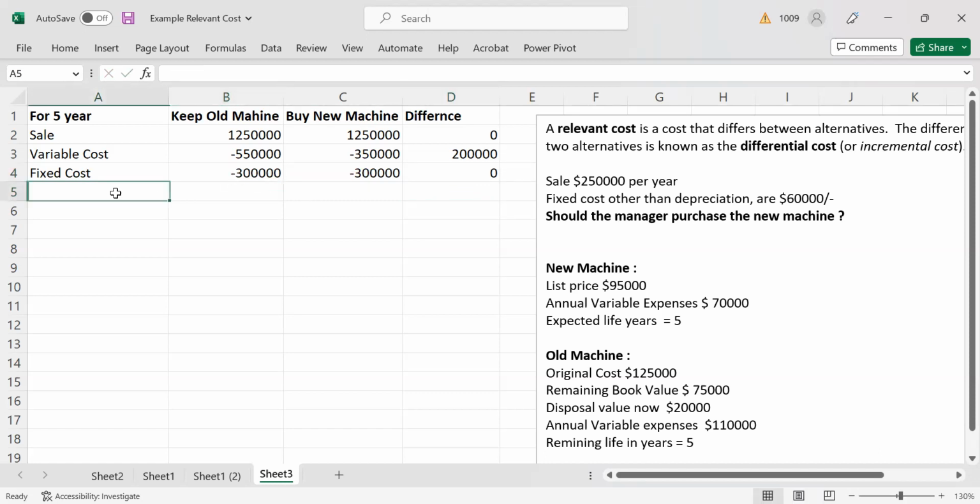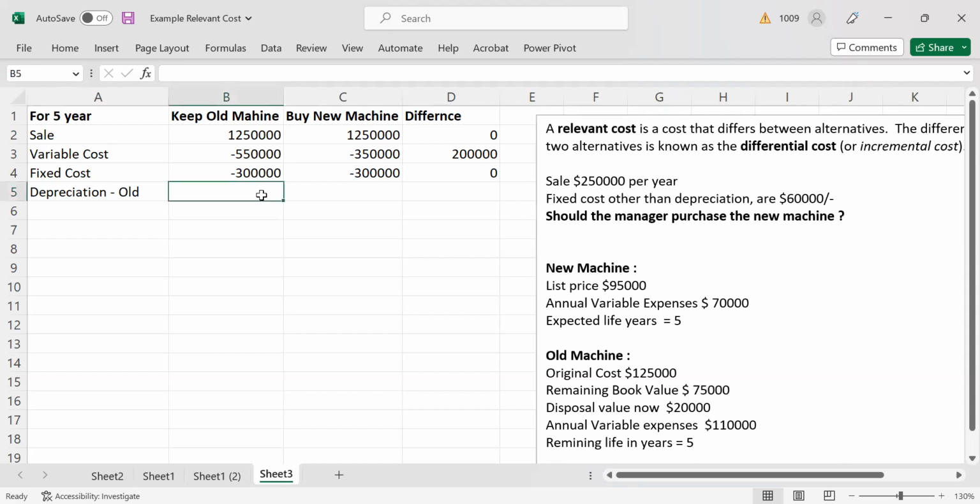The next we have the depreciation expenditure. So depreciation for the old machine will definitely be $75,000, because today the value of the machine is 75 over a period of time, after 5 years. So this expenditure will be set off as depreciation.